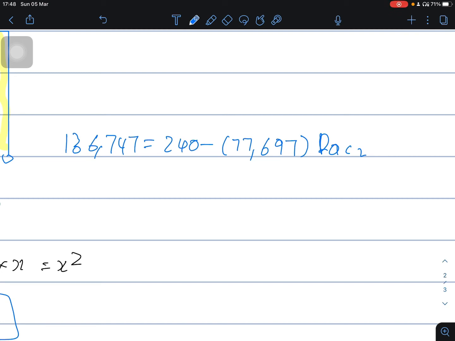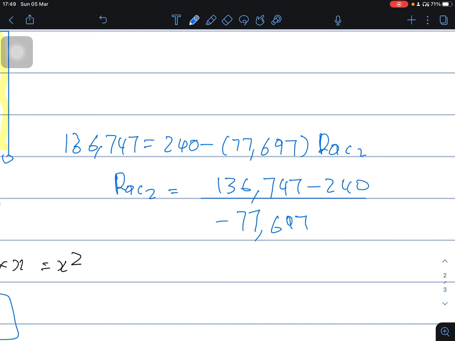So that means RAC2 is equal to 136,747 minus 240, divided by negative 77,697.